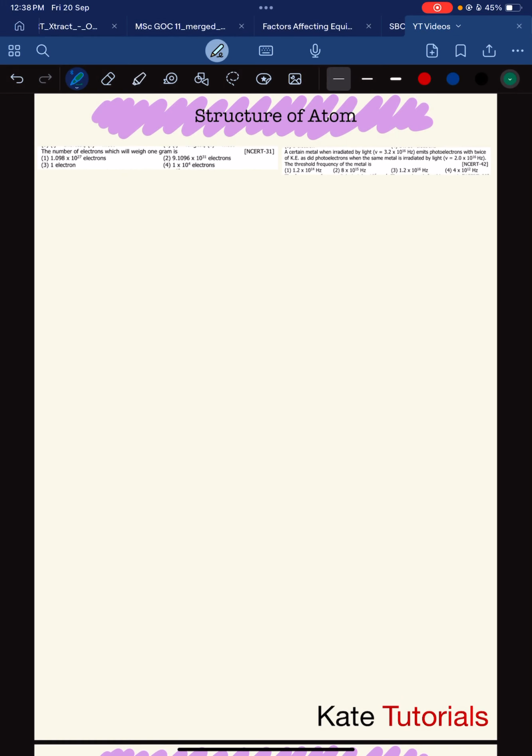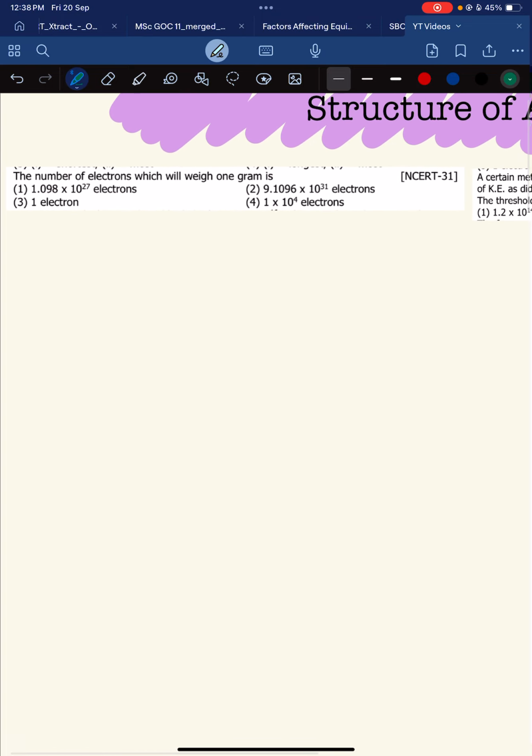In this class, let us solve one more problem on the structure of atom. The question is: the number of electrons which will weigh 1 gram is?